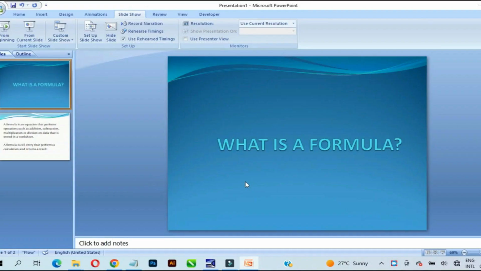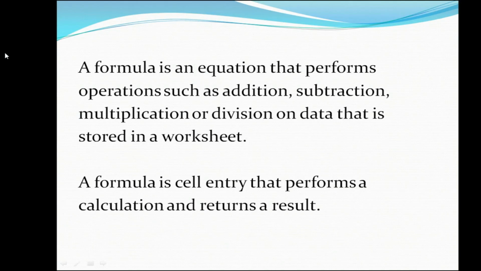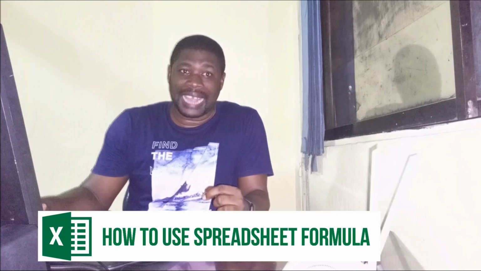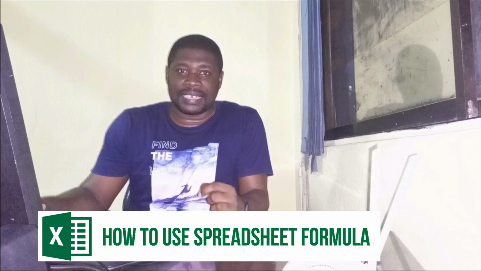Now, let me ask you, what is a formula? A formula is an equation that performs operations such as addition, subtraction, multiplication, or division on data that is stored in a worksheet. A formula is a cell entry that performs a calculation and returns a result. To enter a formula, we use arguments, which are the inputs to the calculations, including cell references and operators.